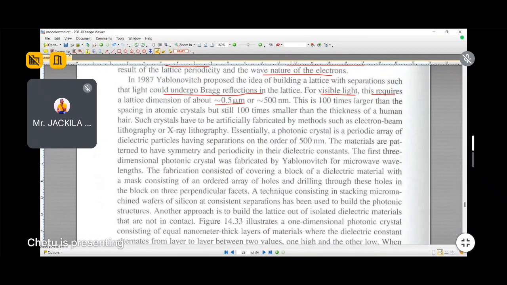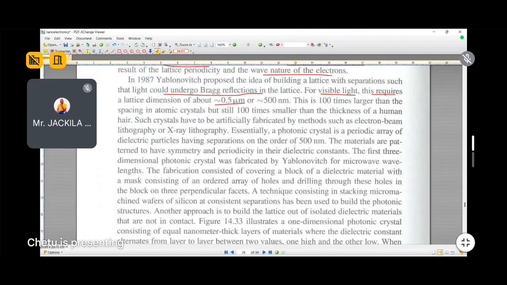And then the light is shone over there. This crystal has been artificially fabricated by the method of electron beam lithography or X-ray lithography.